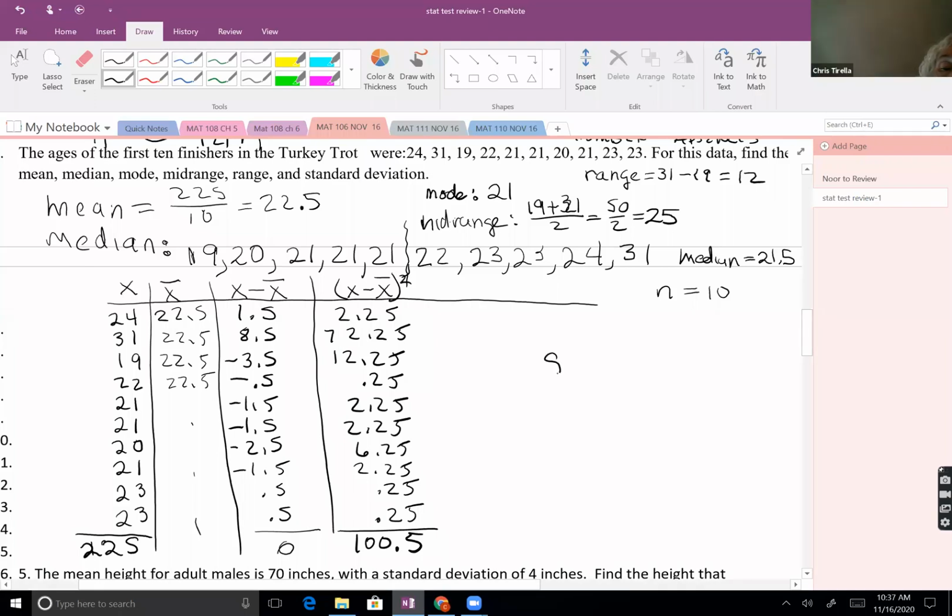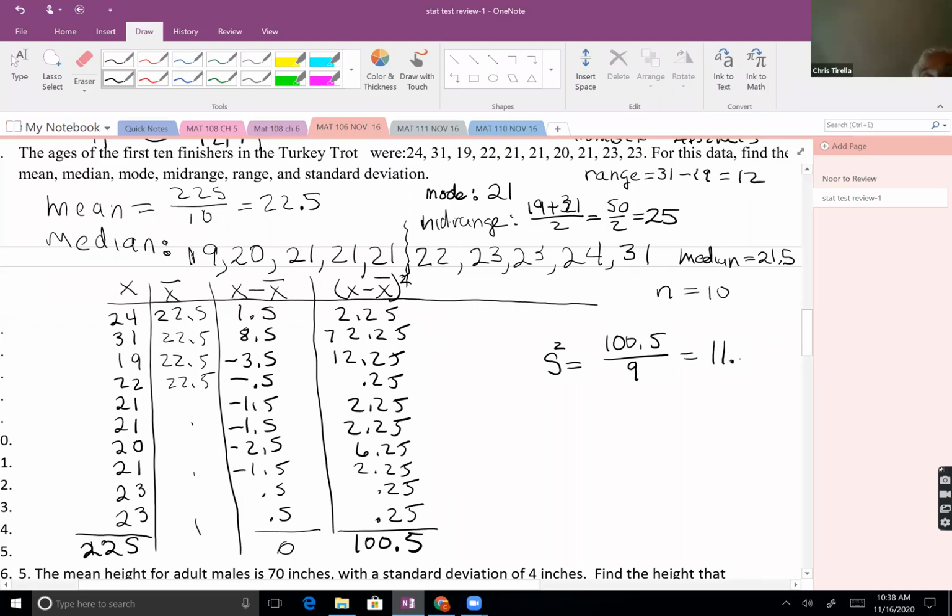The variance would be that 100.5 divided by one less than 10, which is 9. And I got 11.2.